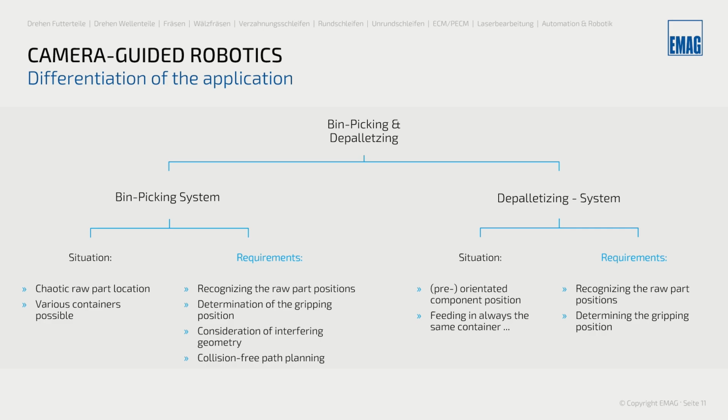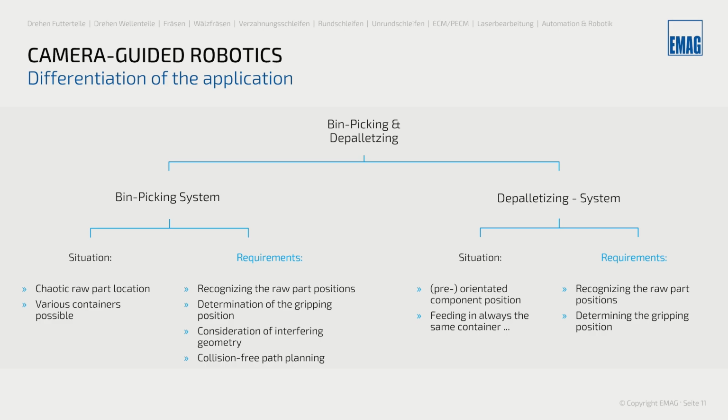And there we do need to do a lot of complex calculation of the path. On the other hand, when doing depalletizing systems, we don't have to spend that much effort because we only need to recognize the part position. We already do know the orientation. We know there's nothing around the part. We can send the end position to the robot and he will start movement straight up.